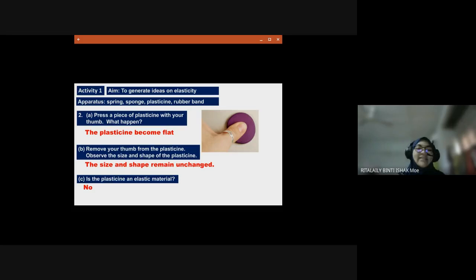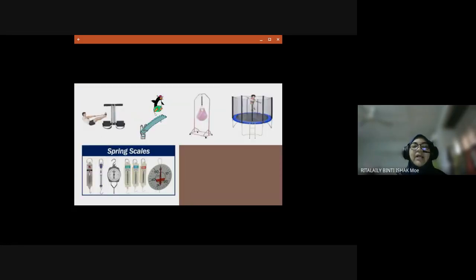Okay, so based on the discussion of the two activities, what can we say about elastic material? What can we describe, or how do we define elastic material? Can someone give a definition of elasticity? So what is actually elasticity? Renuga?